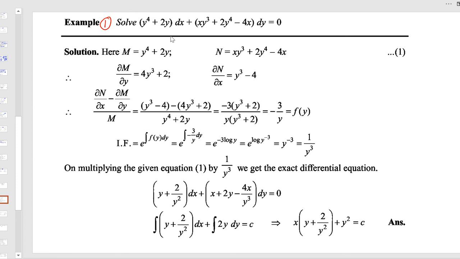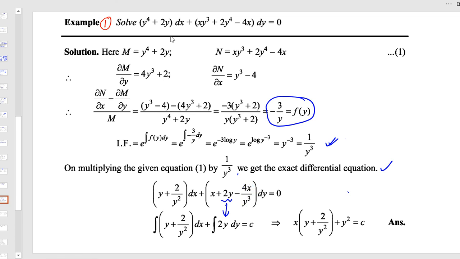Once we get it, this is a function of y, and then we find the integrating factor. We will multiply it with the equation, which is M dx plus N dy. But in this case, see the second term, this is N. In this N, we have x here, and we have x here also, so this will be deleted in finding the solution. That is why only 2y is given.